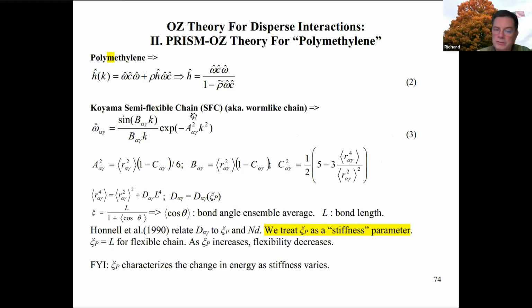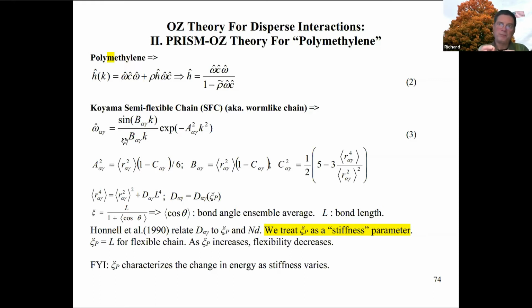So there's a readily available intramolecular correlation function here. I told you about the Fourier sine transform of a Dirac delta function, which says that the bond length is a fixed amount from the center of the site of interest.